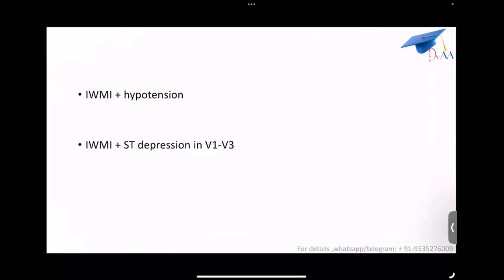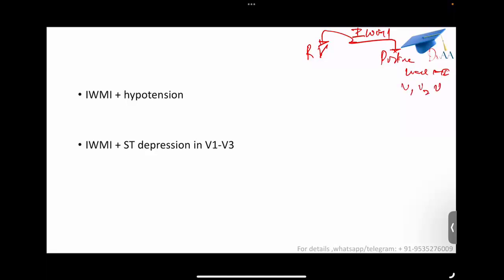A few more things before I give you time to ask questions, on inferior wall MI. How do you differentiate between a right ventricular and a posterior wall MI? An inferior wall MI can be a right ventricular MI or a posterior wall MI. Usually in posterior wall MI, there will be ST segment depression in V1, V2, V3.